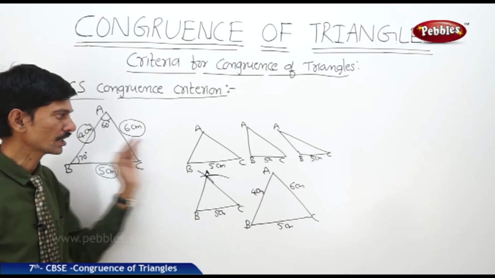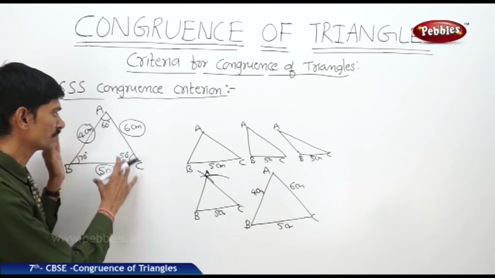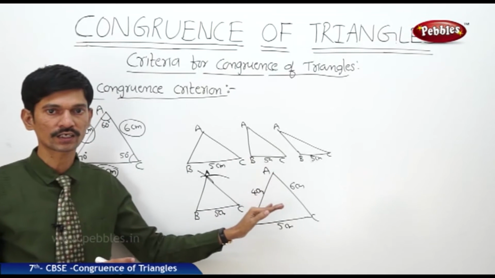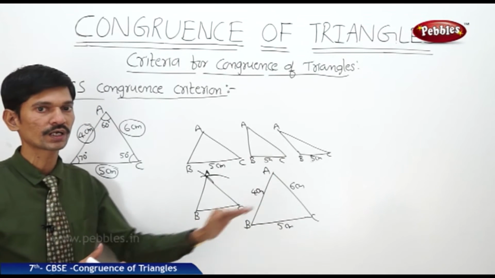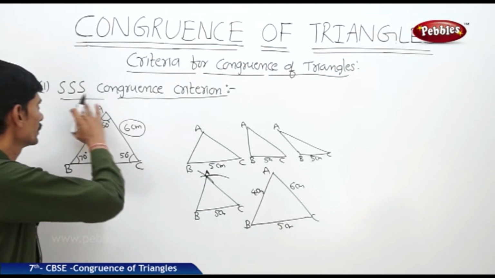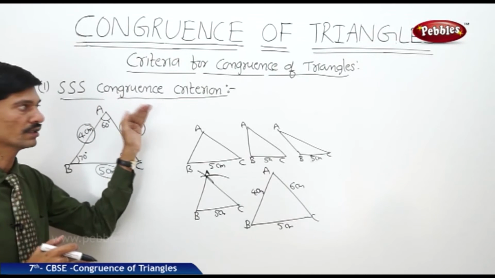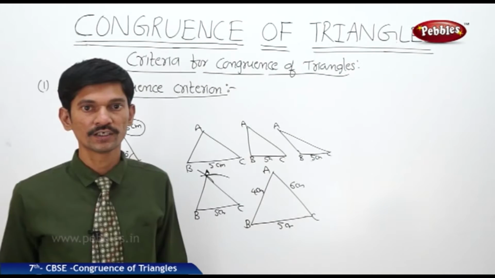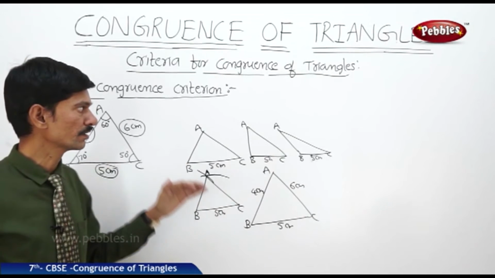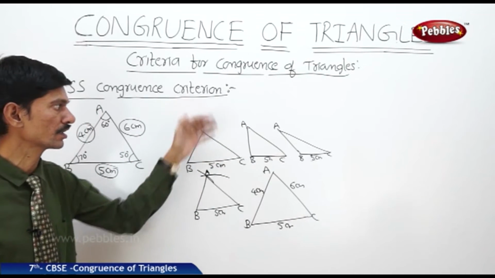Now when the three sides of the first triangle are equal to the corresponding three sides of the second triangle, we can say that the two triangles are congruent to each other. This is the SSS congruence criterion, or the side congruence criterion. Two triangles are congruent if three sides of one triangle are equal to the corresponding three sides of another triangle.